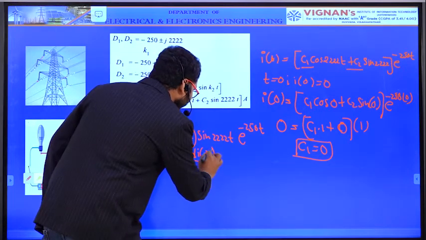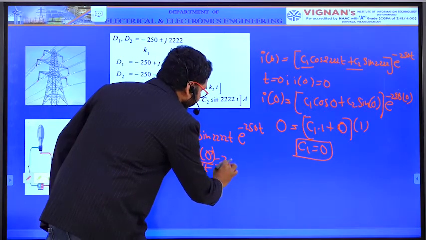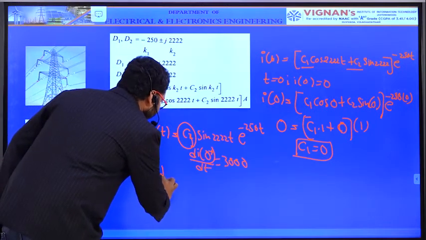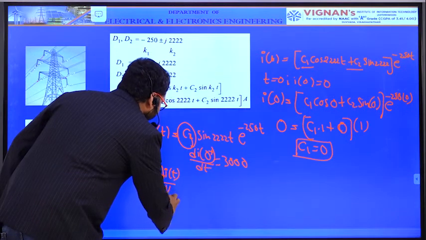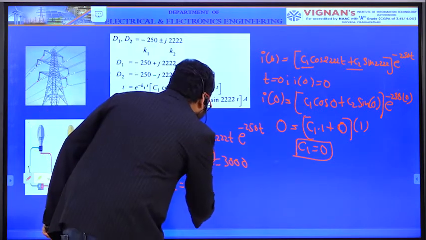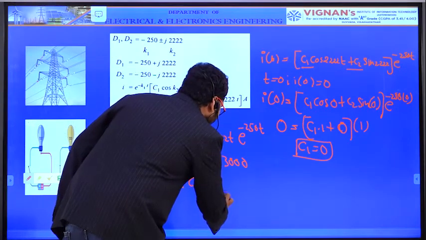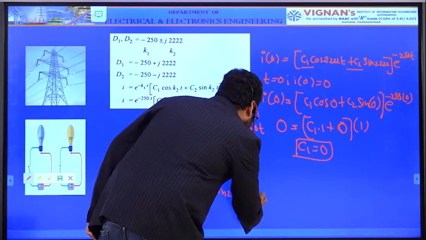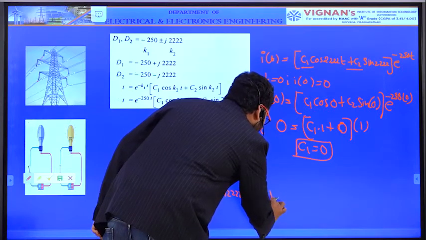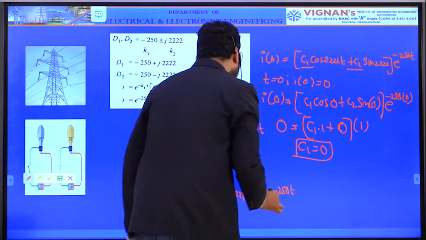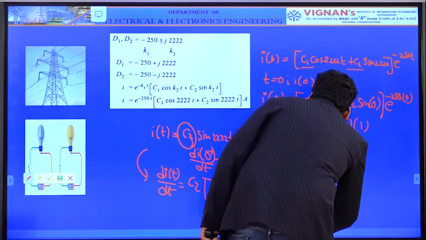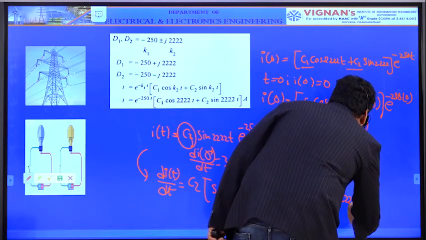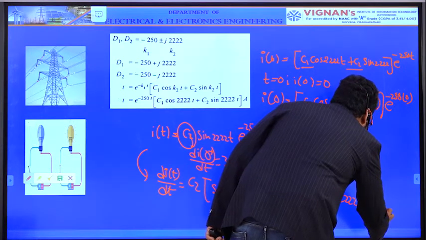Previously we found di of 0 by dt equals 3000. So make the derivative of this expression. di of t by dt, taking C2 common, is sin(ωt) times minus 250 e to the power of minus 250t, plus e to the power of minus 250t cos(ωt) times ω.